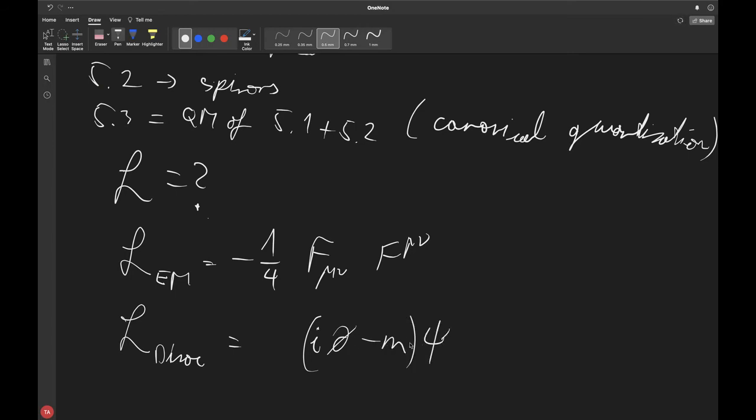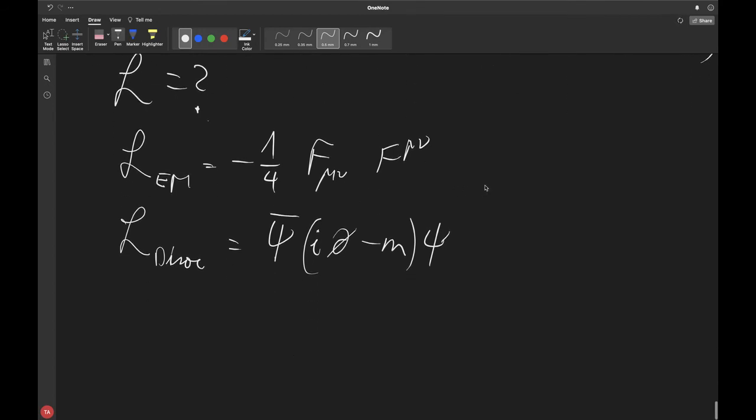So this was not yet a scalar. The way that we can make a scalar out of it is to multiply with the adjoint spinor.